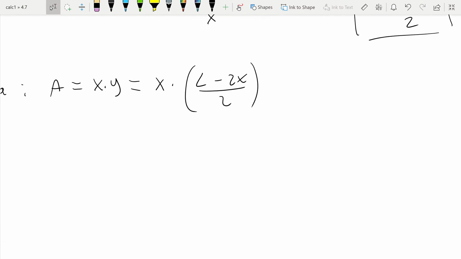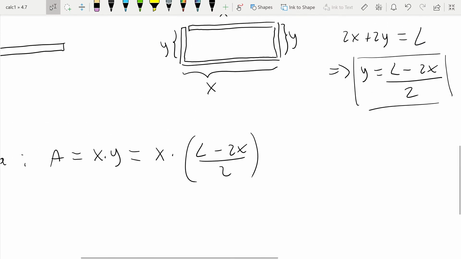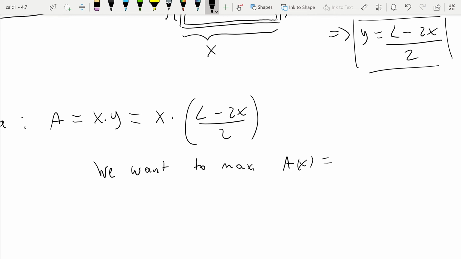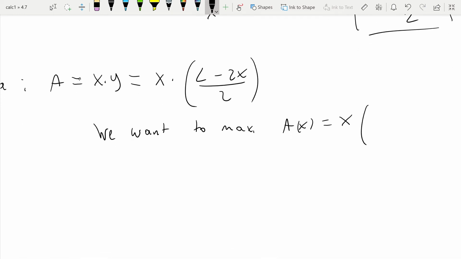And this is what we want to maximize. So this is the function f. So we want to maximize A of x equals x times (L minus 2x) over 2.